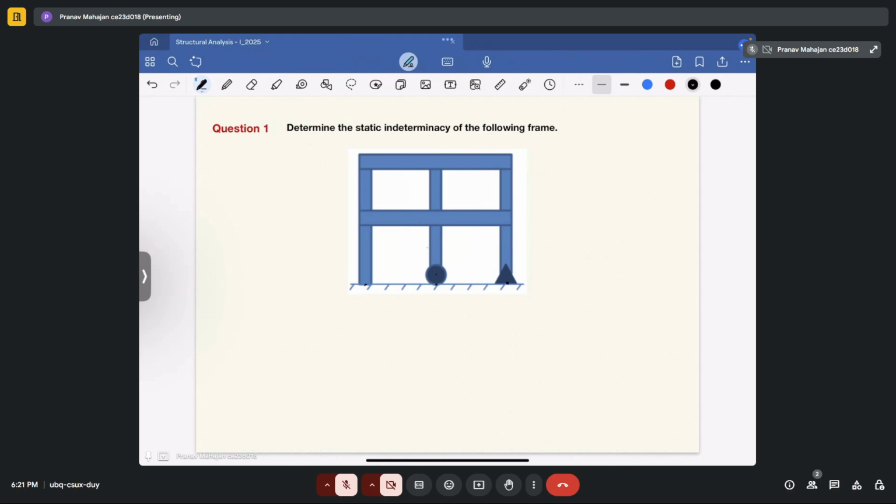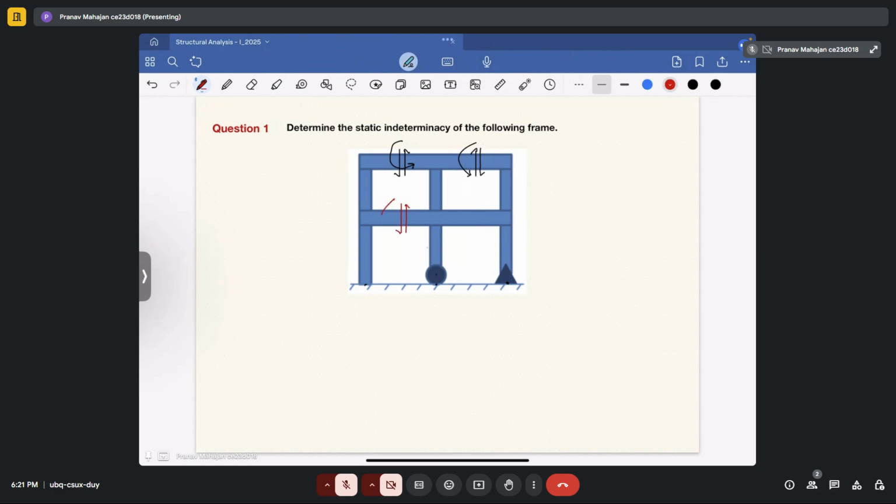So how will you do it? In each and every member you will have three unknowns: two forces and one moment. Similarly, in each and every member you will have three reactions, like this.